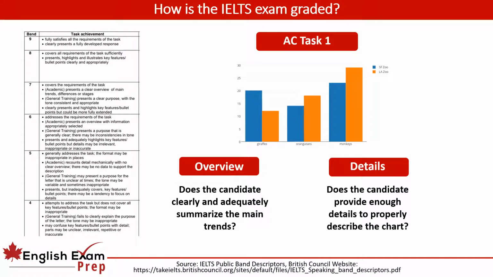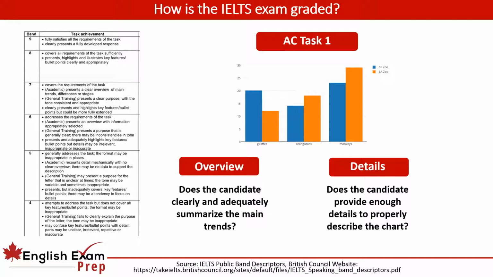Now we can see in your, let's say, band 5, the candidate recounts details mechanically with no clear overview. We'll go into this again in the next video, but this is somebody who just gives all the numbers quickly, without any sort of performance. If we look at the little grid on top, it says giraffes, orangutans, monkeys.